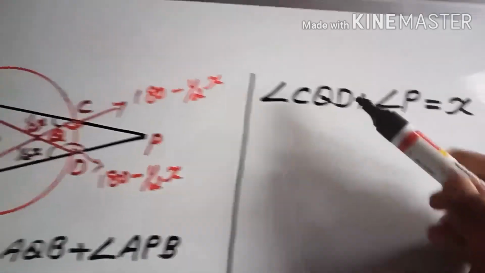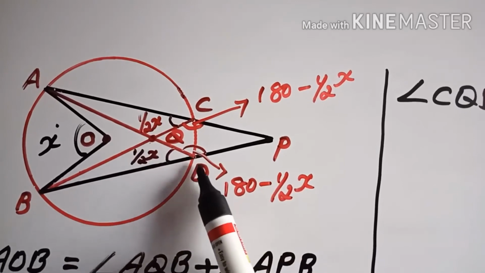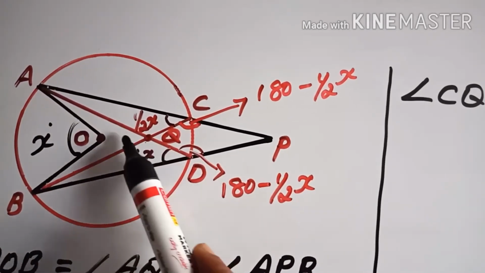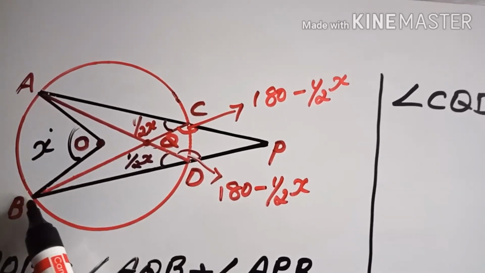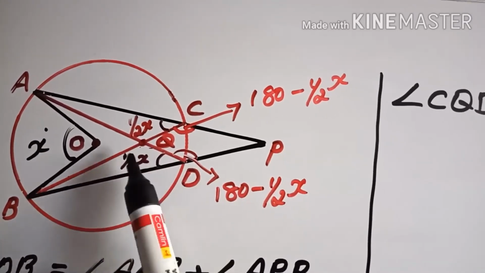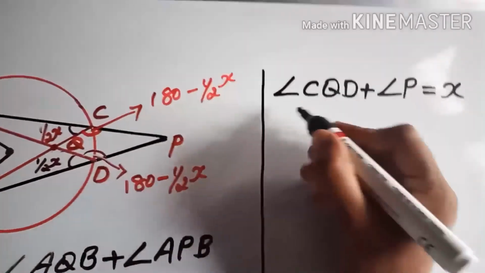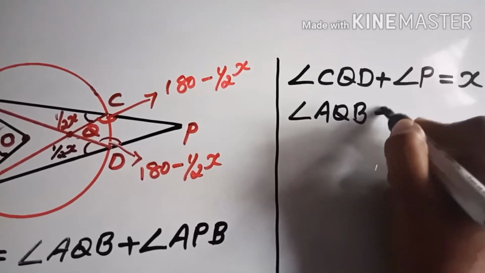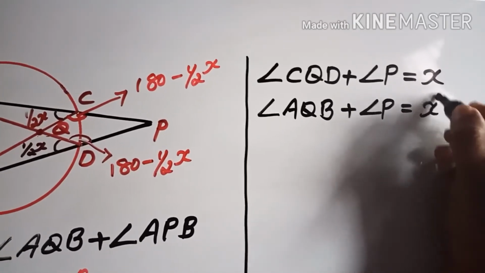Now CQD means this angle CQD, and angle AQB will be the same, because these two are opposite angles. AQB and CQD are both the same. So instead of angle CQD, let's write angle AQB plus angle P equal to x degree.